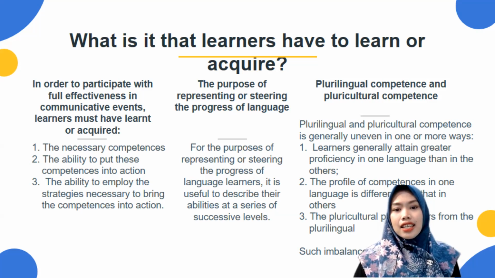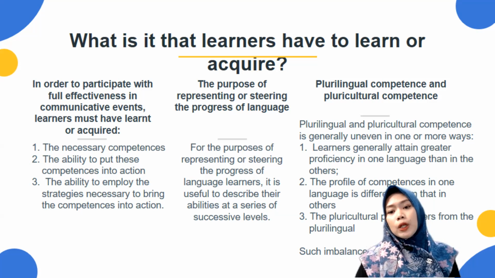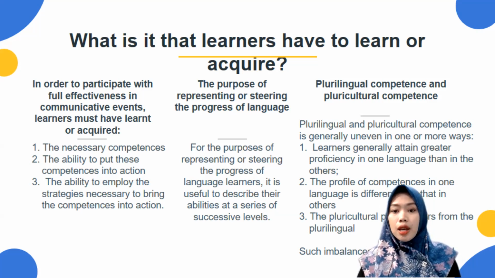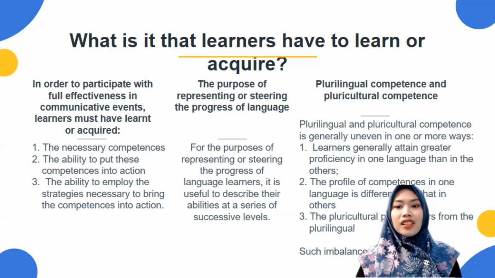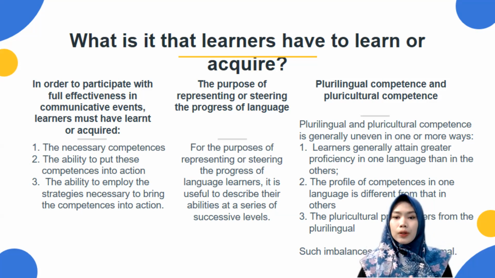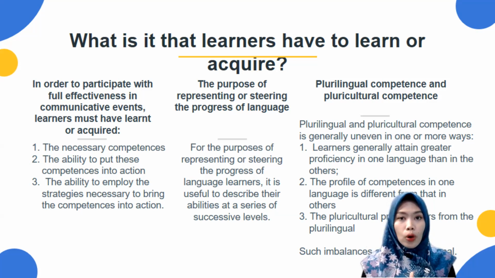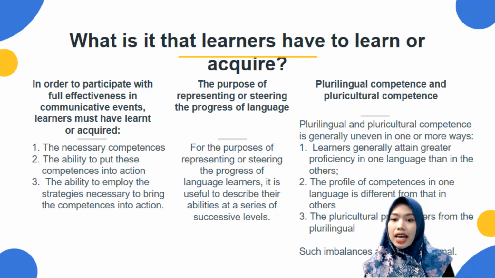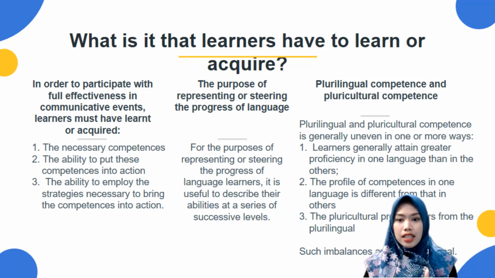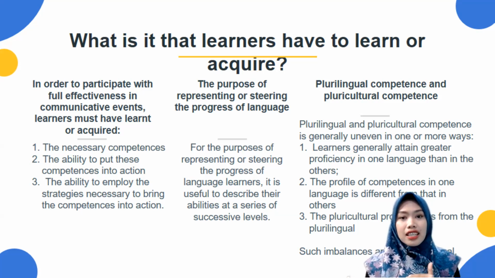And then plurilingual competence and pluricultural competence. Plurilingual and pluricultural competence is generally uneven in one or more ways. The first is that learners generally attain greater proficiency in one language than in others.